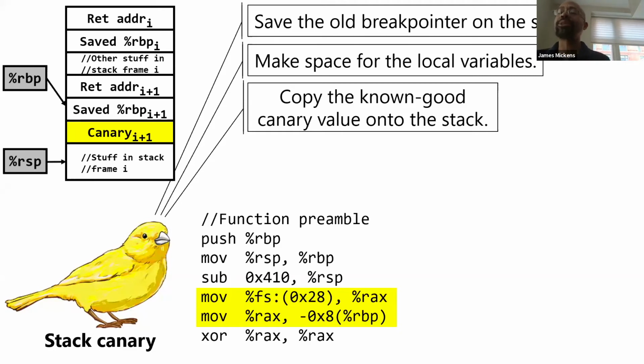Now, I will say that back in the olden days when canaries were first being deployed, people would sometimes make mistakes in the implementation that allowed the attacker to know the canary. As a trivial example, what if the canary were the same value across all instances of a program and across all instances of a particular OS?